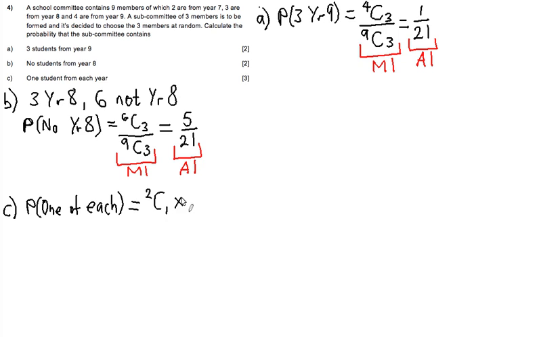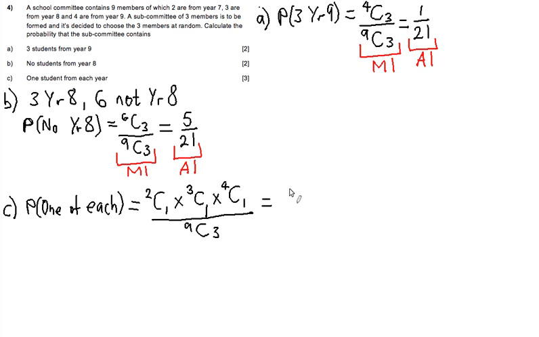It's then going to be multiplied because it's from Year 7 and from Year 8 and from Year 9. So the number of ways I can pick 1 from Year 8 is, there are 3 Year 8 students and I'm choosing 1. And then finally, the number of ways I can pick 1 from Year 9. There are 4 Year 9 students and I'm going to pick 1. This, again, just like the other 2, is all over 9 choose 3, since we're still picking 3 students from a total of 9.